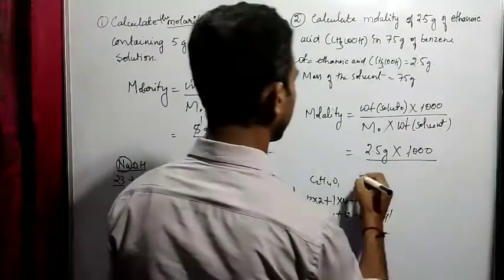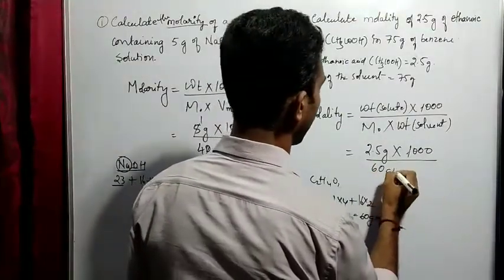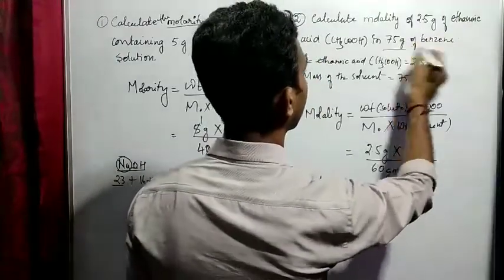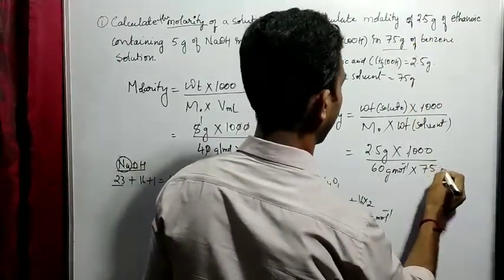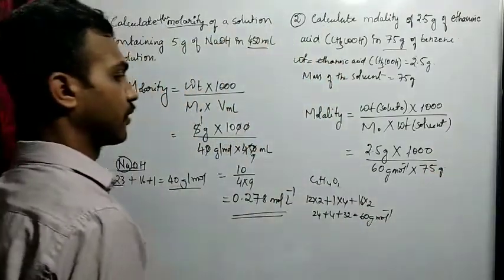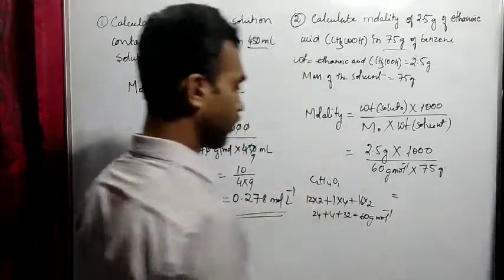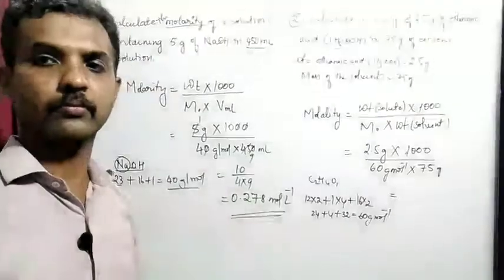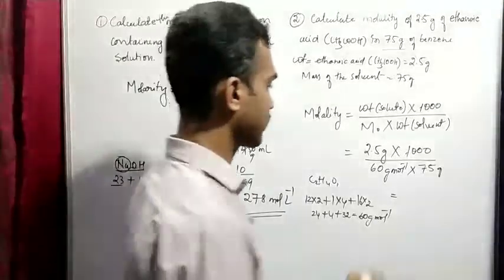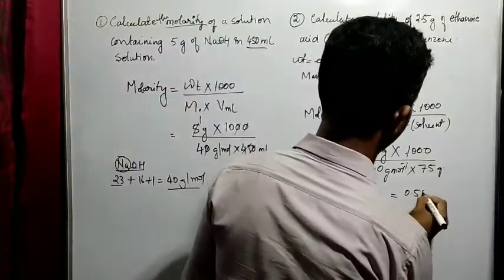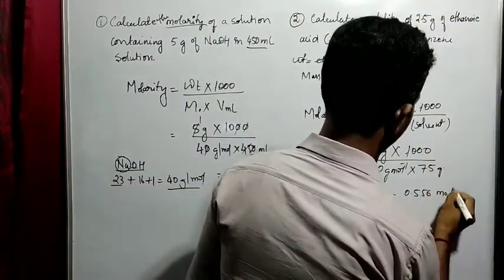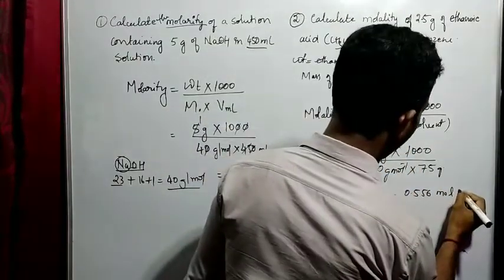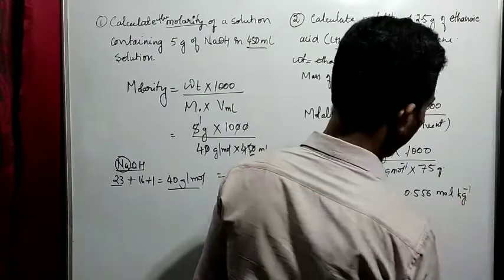Substitute that value, 60 gram per mole, and the weight of the solvent is nothing but 75 gram. So finally solve this, right. So that is 0.556 mole, and gram is converted into kg, so it is mole per kg, right.